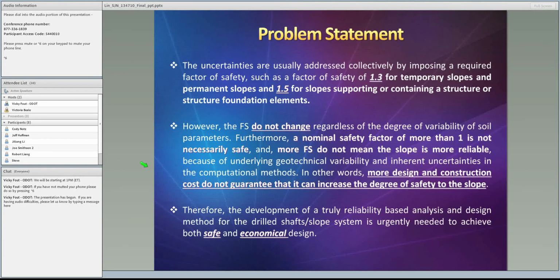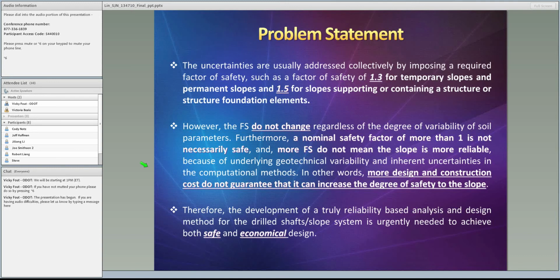Also, a nominal factor of safety more than 1 is not necessarily safe. And a higher factor of safety does not mean the slope is more reliable. In other words, more design and construction cost does not guarantee an increase in the degree of safety of the slope. Therefore, the development of reliability-based methods is needed to achieve both safe and economical design.